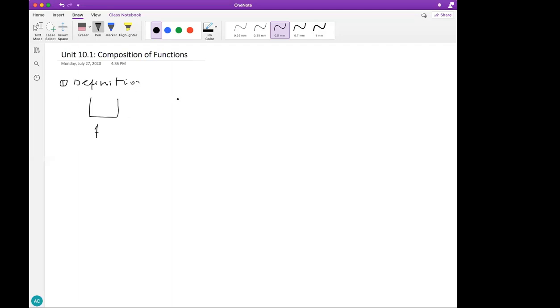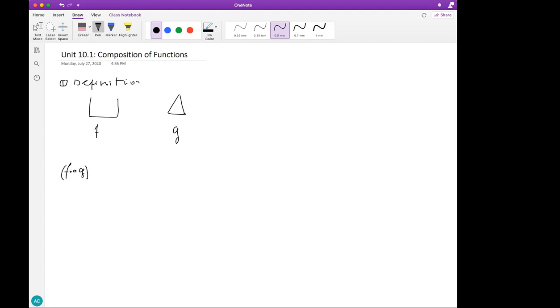Then let's say another shape. Let's call this G. So let these two be two functions. Okay, we have F, we have G. We want to find the composition of the two. We're going to take these two, and we're going to mix them up and end up with a new function called the composition of the two. So we call that F of G. When we mix these two, we get a composite.